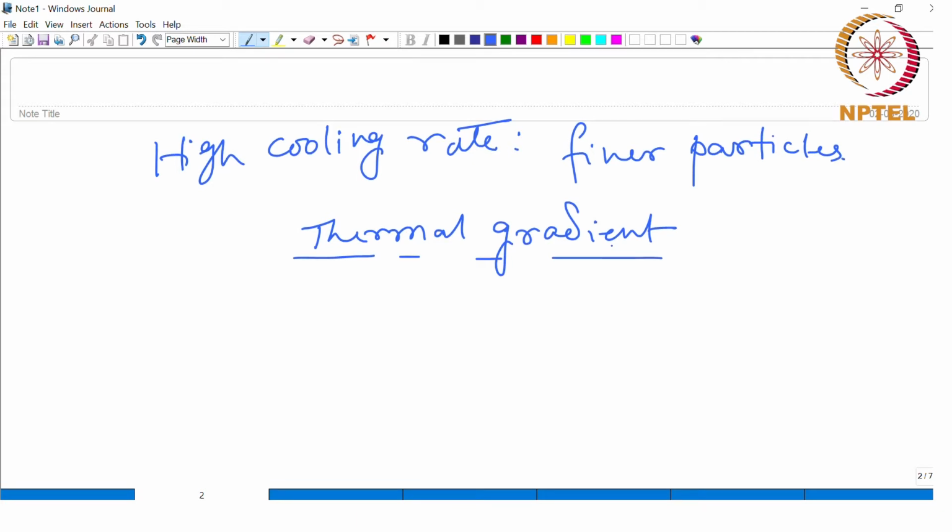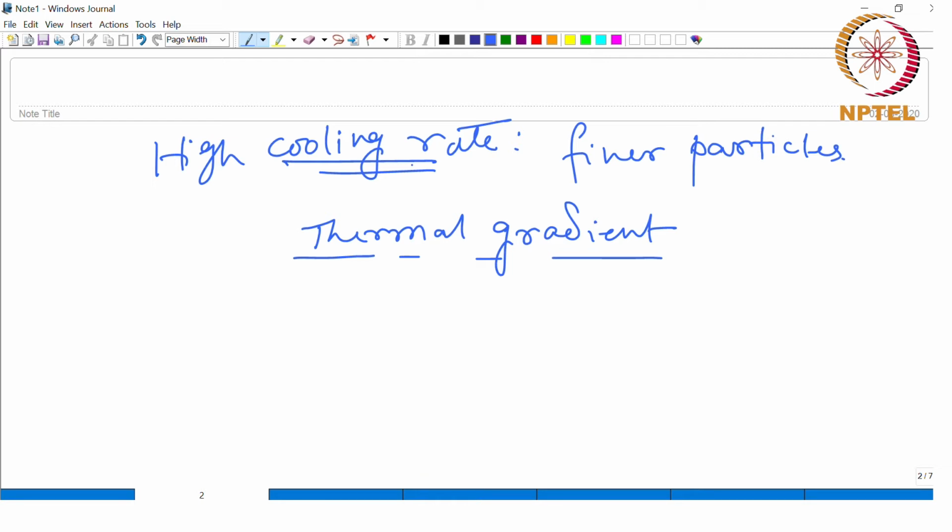When the cooling rate is high, that simply means that the surface of this powder particle is chilled, while the inner core is still much hotter, right. So, as a result, from the surface to the core there will be a huge thermal gradient that will be established when the cooling rate is increased.